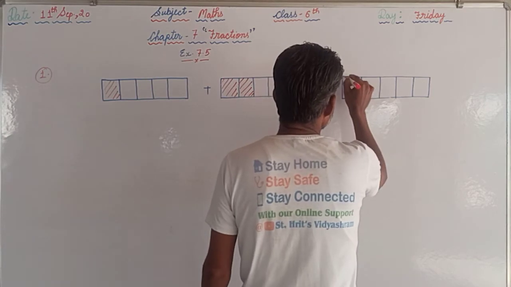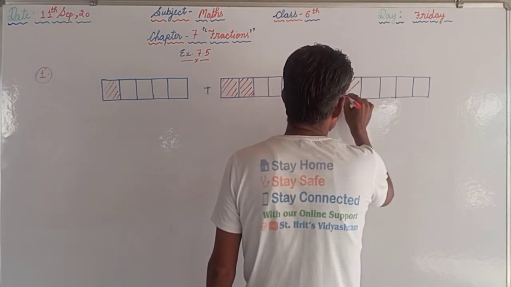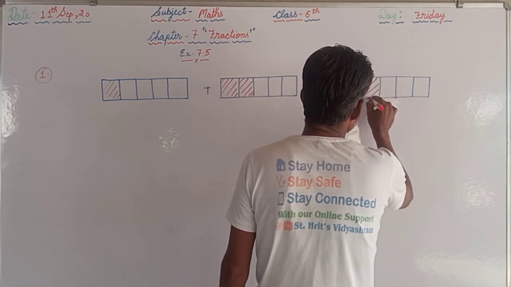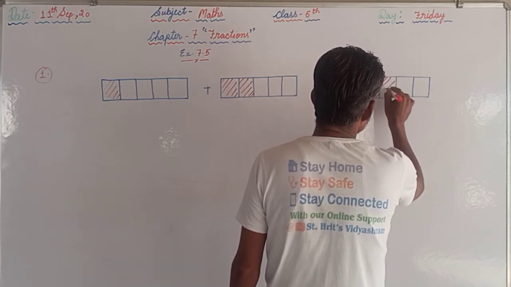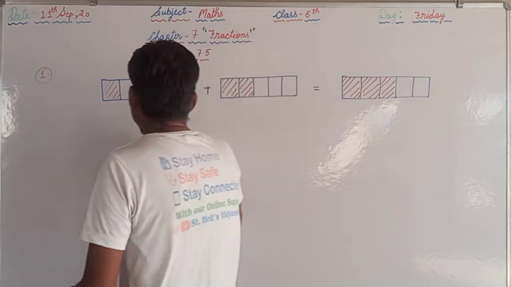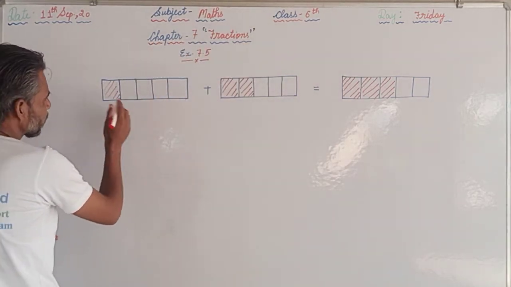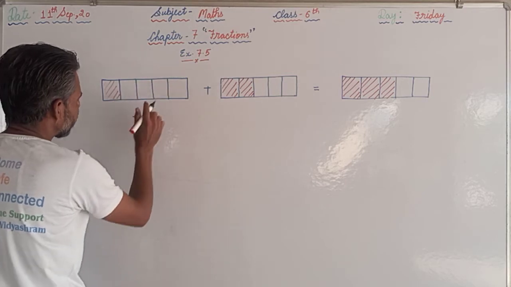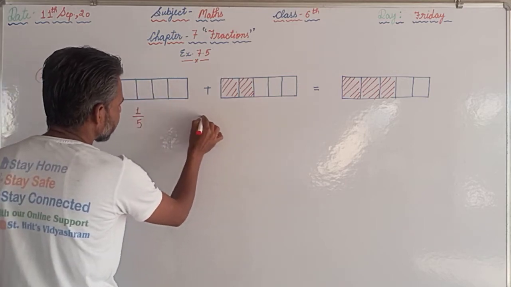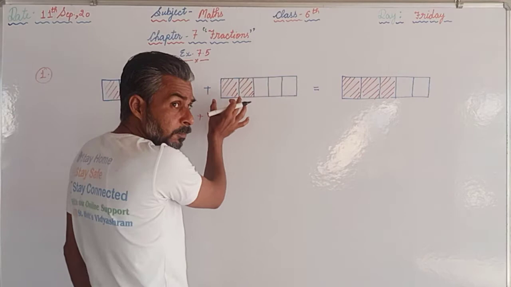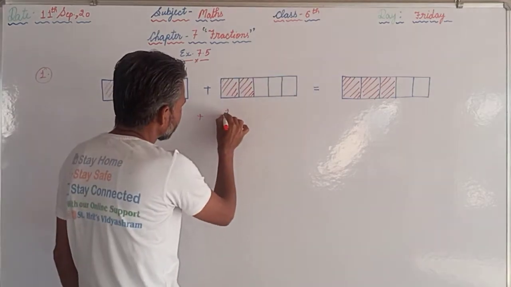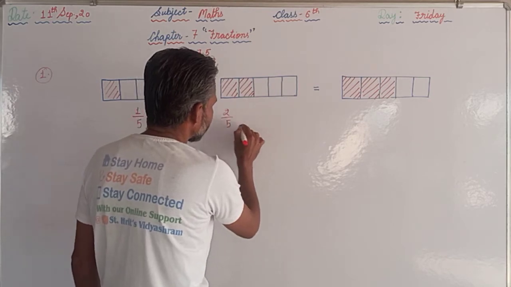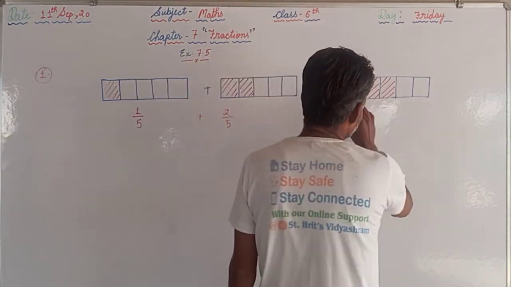In this, three parts have been shaded. So the shaded part here is 1, and the total parts are 1, 2, 3, 4, 5, and then plus here the shaded parts are 2 out of 1, 2, 3, 4, 5, and equals to total.